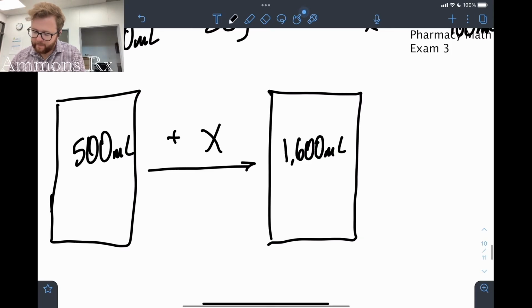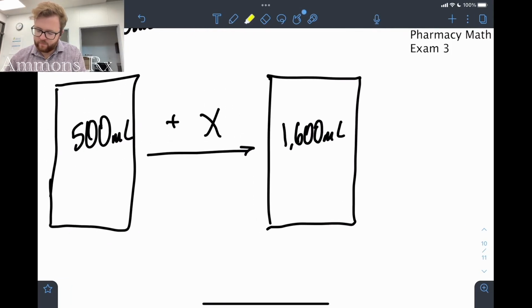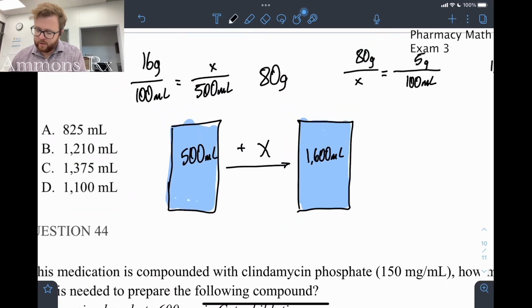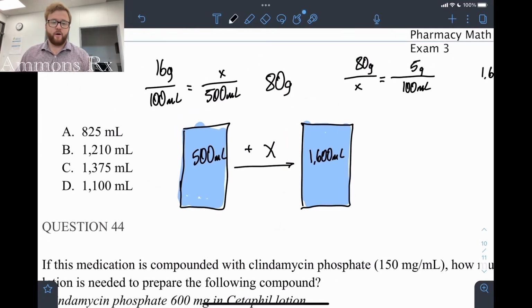Okay. You're probably thinking to yourself, duh, obviously, we added 1,100 mils because that's the difference. That is in between step A and B. We added 1,100 mils.